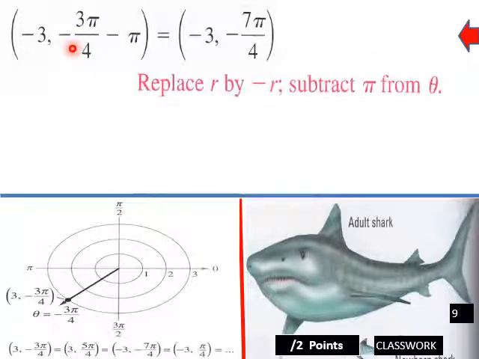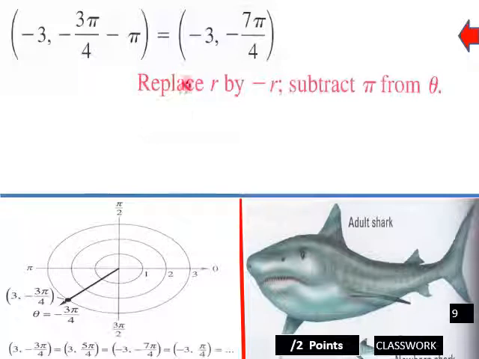And then (−3, −3π/4 − π). Replace r by −r, so it'd be −3. And then subtract π from θ.